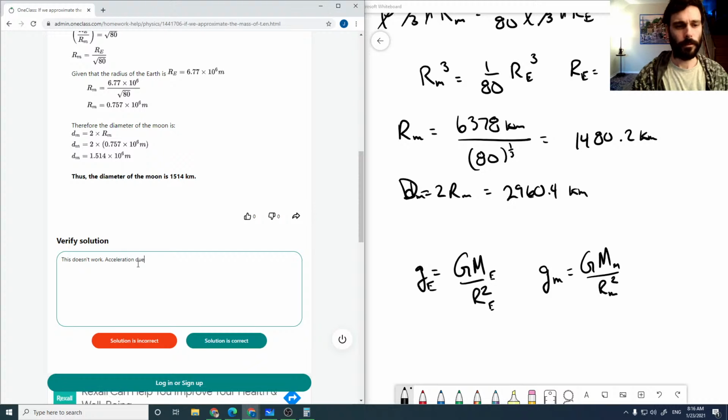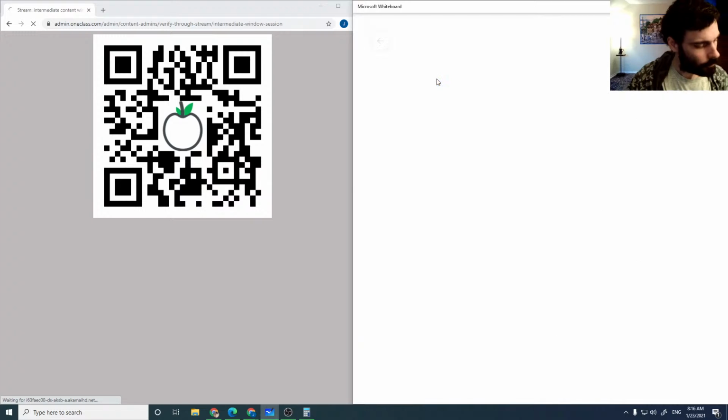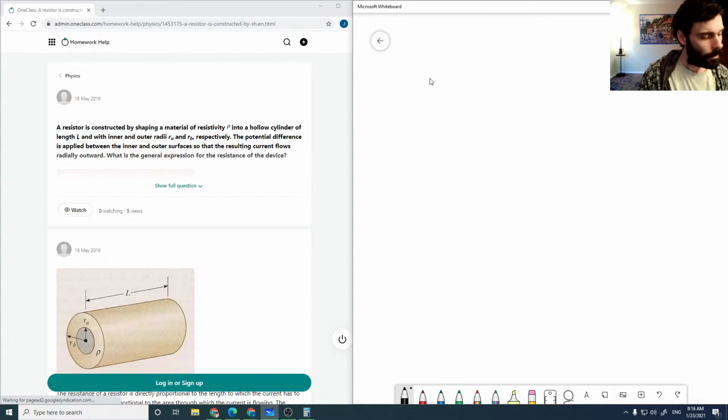The acceleration due to gravity on the Moon's surface, I should say, is not the same as for Earth, which this assumes. Okay.